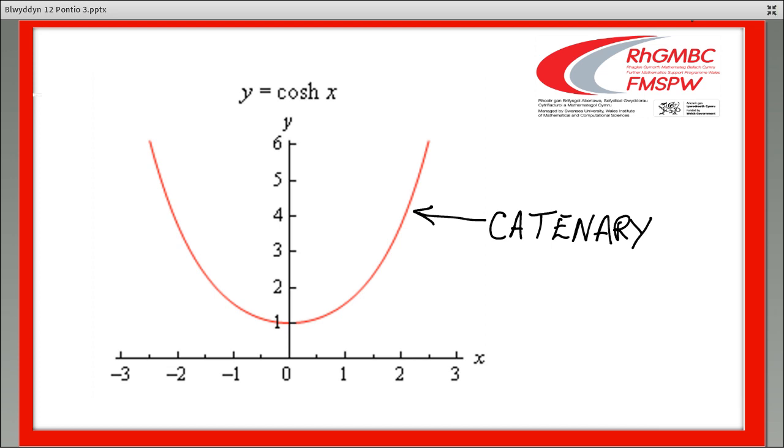But if you have a metal necklace, not one of these leather ones, and you unclip the necklace and hold the two ends, the shape that the metal necklace makes between your two hands is a catenary.